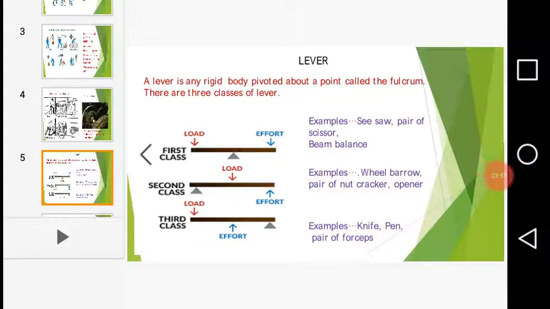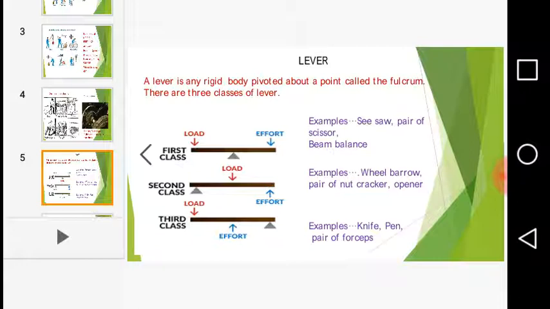Next, we'll look at the different types of simple machines. Now, the lever is any rigid body pivoted about a point called the fulcrum. A force, the effort, is applied to one end and is used to overcome a force called the load at some other point.